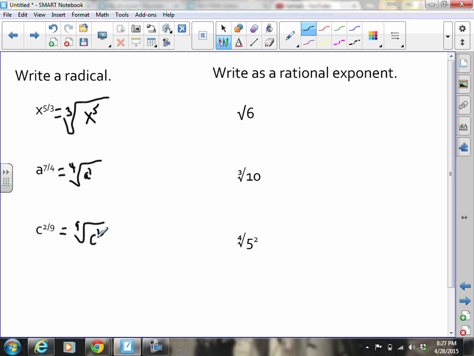If you'll recall, this root tells you how many groups you'd be looking for within the prime factorization of the radicand, what is under the radical. So this is telling me to look for groups of 3 in x to the 5th. This can be simplified a little bit further. If I think about x to the 5th, that's 5 x's.